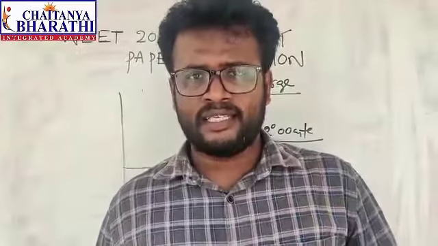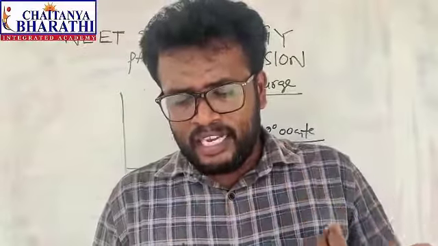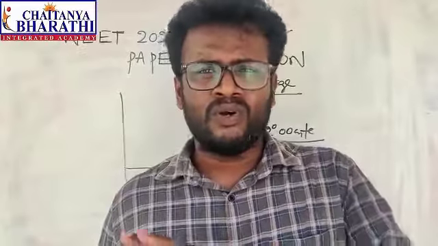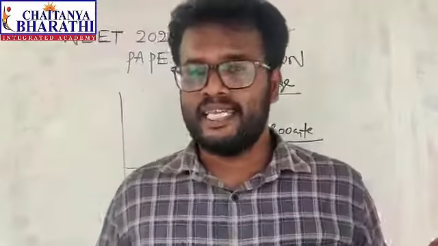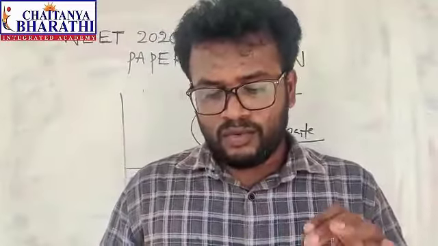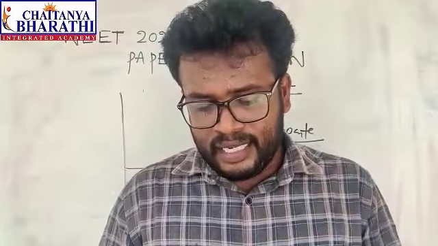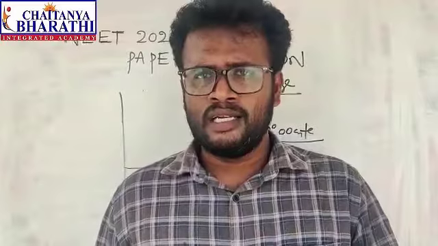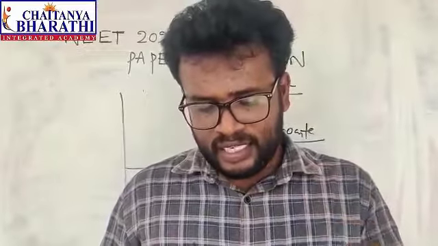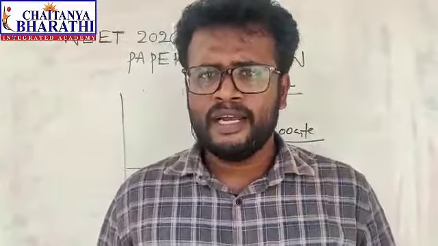Pulmonary volume decreases, thoracic volume increases? No, here the pulmonary volume increases, not decreases. If the pulmonary volume increases, intrapulmonary pressure automatically decreases, but the statement says it increases. So statements 3 and 4 are wrong. Only 1 and 2 are right.